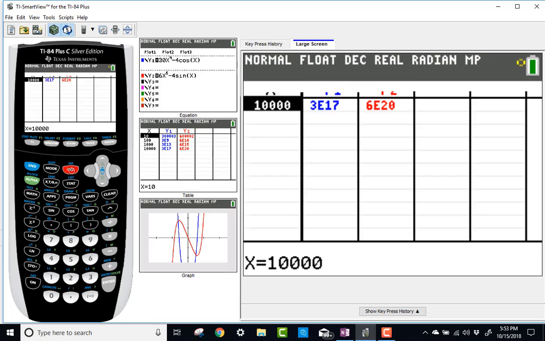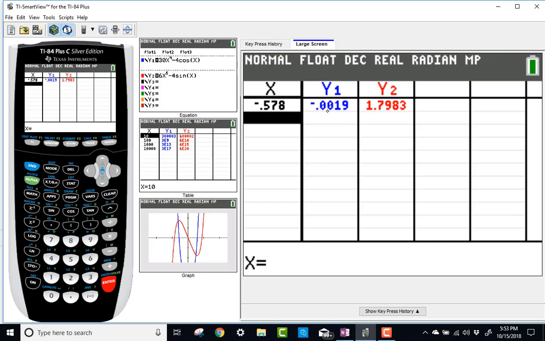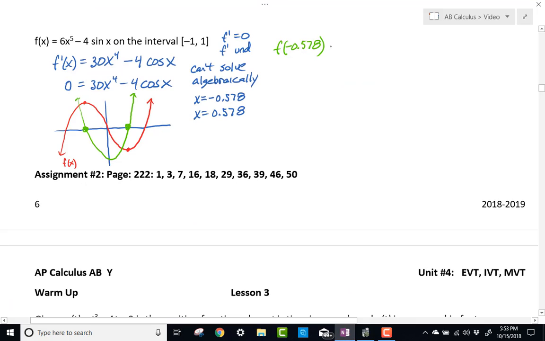When I punch in negative 0.578 and hit enter, I don't want the value from y1, I want the value from y2. That's f of x. So I get 1.798 as my value. Which, if you look at the negative value at the top here of the red graph, might make sense. F of 0.578, I bet we can take a guess at what that is. It's going to be negative 1.798. If you don't believe me, go back to your graphing calculator and pop that in.